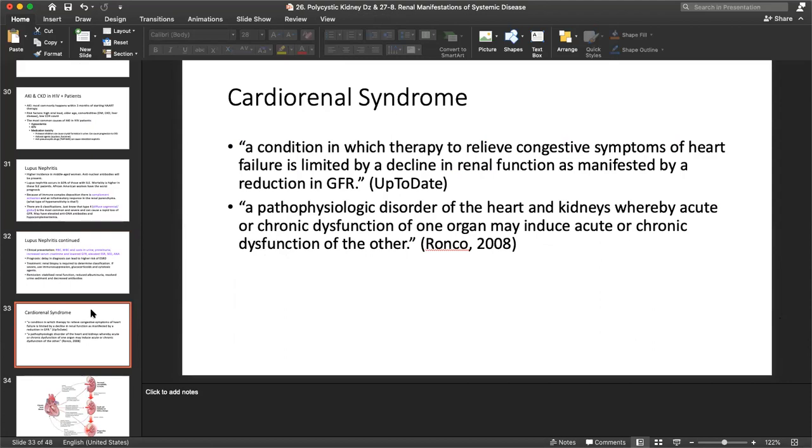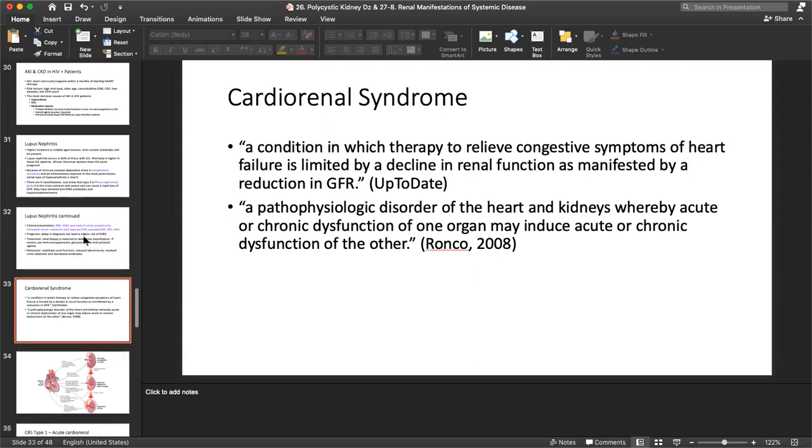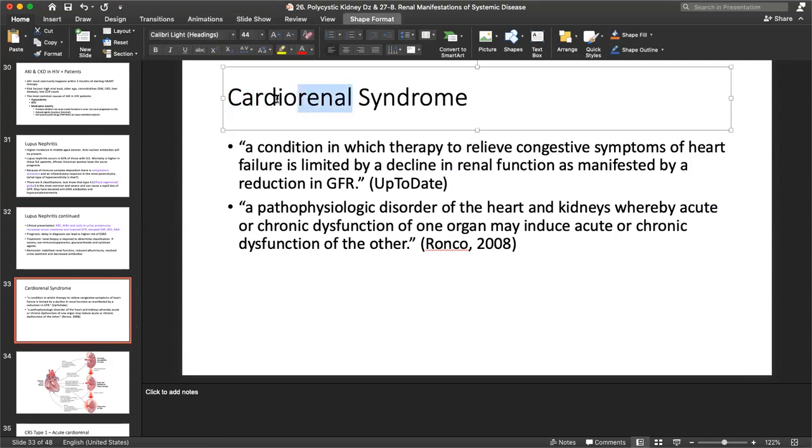Cardiorenal syndrome is a condition where heart failure is limited by a decline in renal function. So cardio and then renal. So cardio induces renal symptoms, or renal induces cardio symptoms.